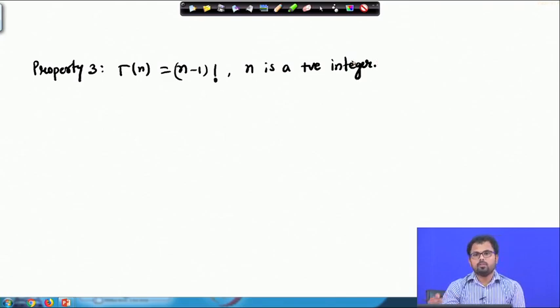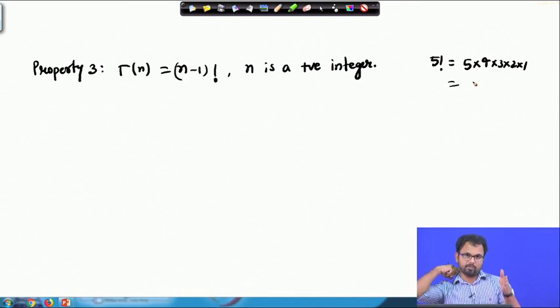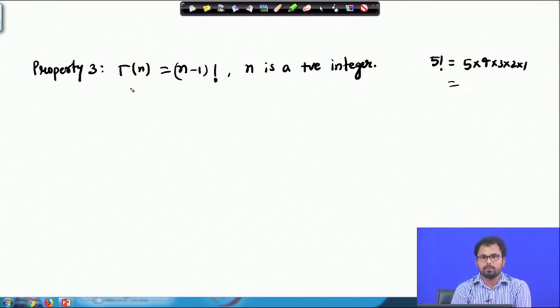So, you know what a factorial means. For example, factorial of 5 is 5 times 4 times 3 times 2 times 1. So, that is what we mean by factorial. You multiply the number and then its previous number one by one, and that will give you the factorial of that particular number. So, here in this case we say that gamma n equals to n minus 1 factorial.